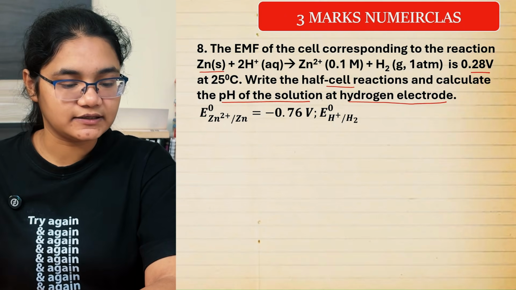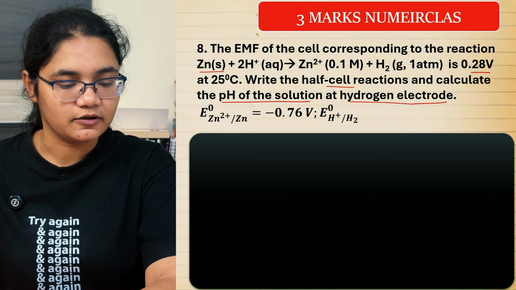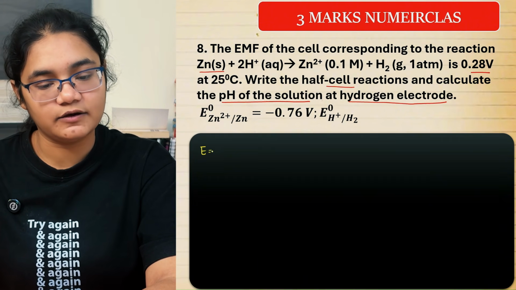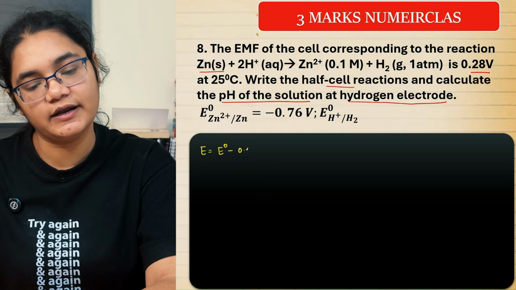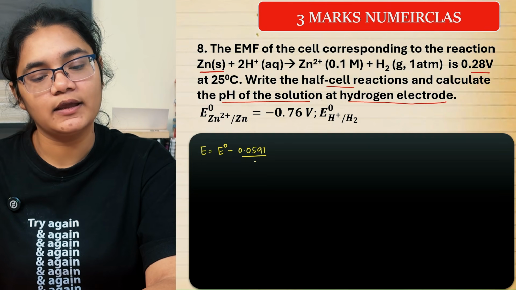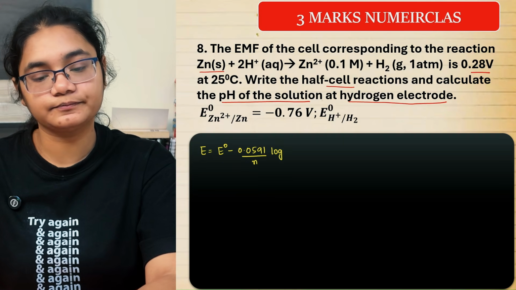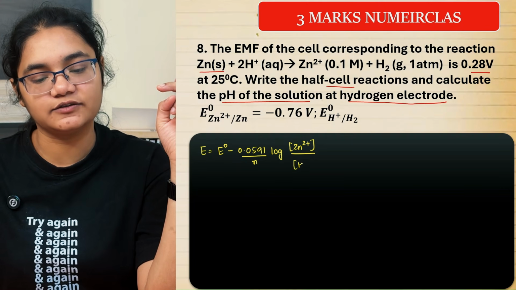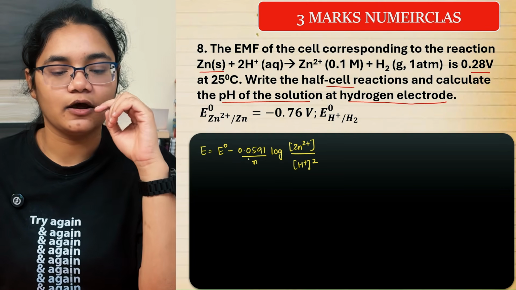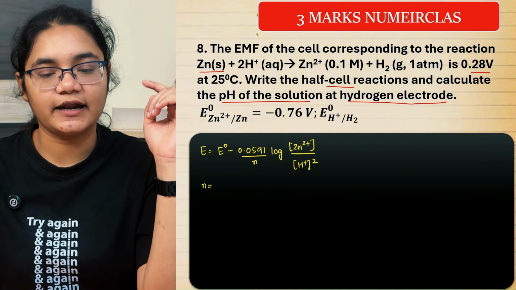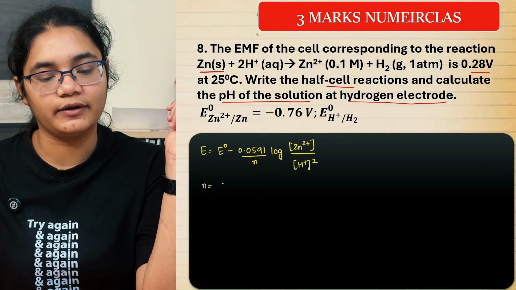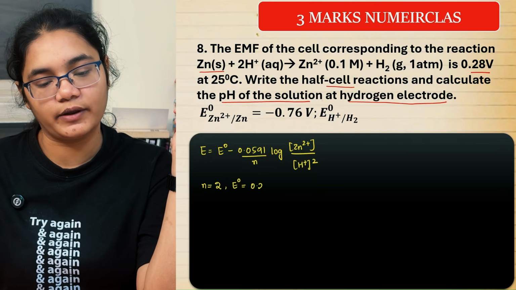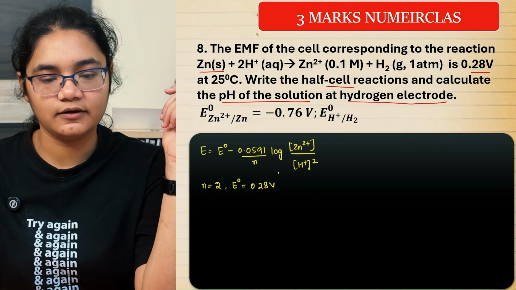Now if I write down the reaction here, you can see E of the cell will be equal to E naught of the cell minus 0.0591 by N log of product side Zn2 plus concentration divided by H plus concentration. Now, N value is how much here? Zn gets converted to Zn2 plus, H plus gets converted to H2, so N value is 2 here. The EMF value is 0.28 volt, it is already given.